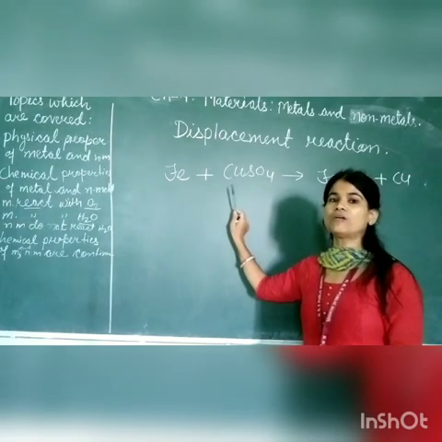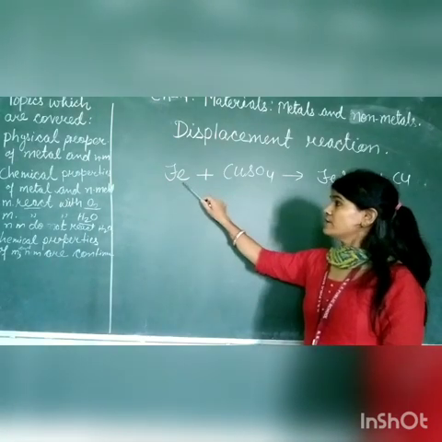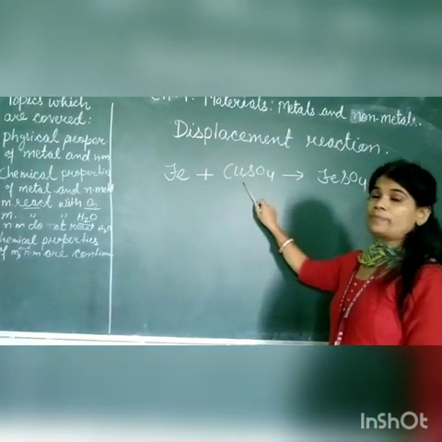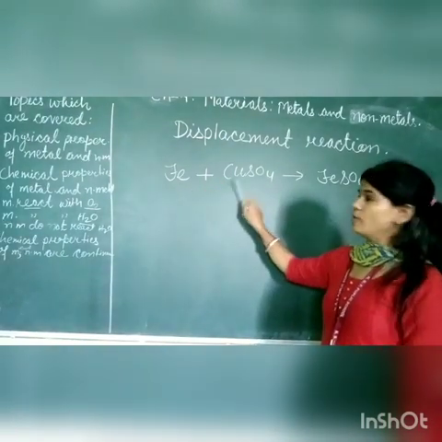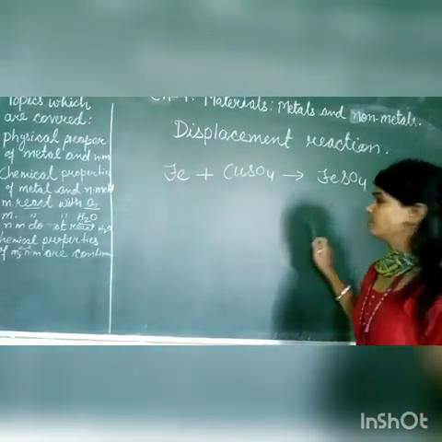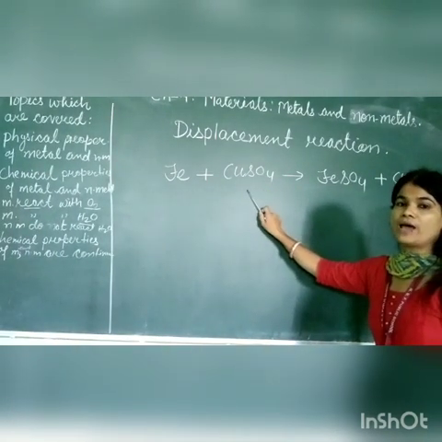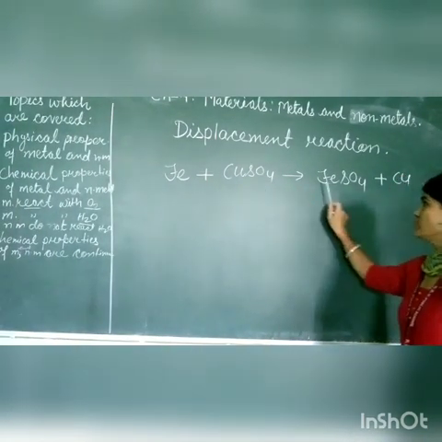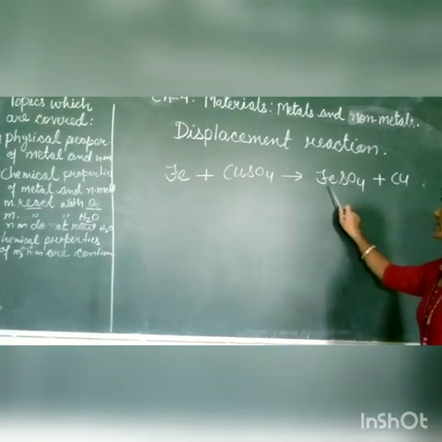It is mentioned in every science book of class 8. Iron is above copper, and so iron is more reactive than copper. It takes the place of copper. Iron takes the place of the copper and makes a compound known as a ferrous compound, meaning an iron compound, iron sulfate.